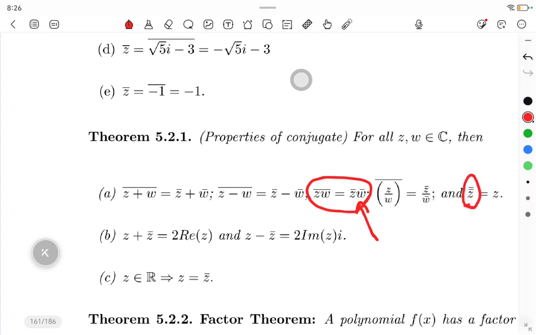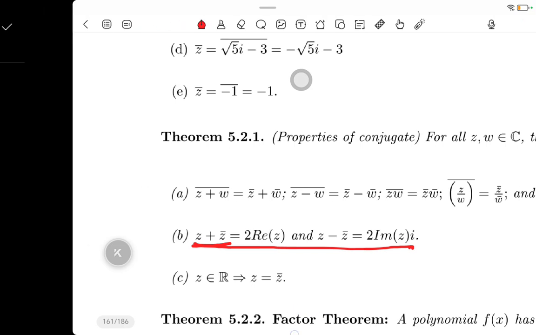Now we are going to be proving these two. Z plus Z conjugate is equal to 2 real Z. Let's prove that. These you can be asked in a test. The first one there, property.